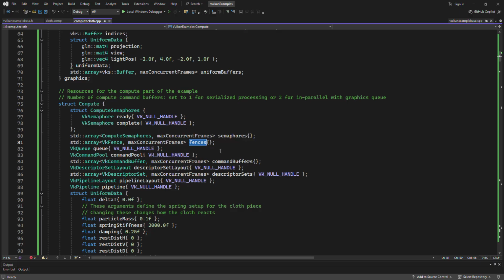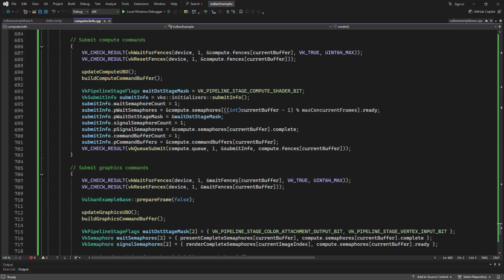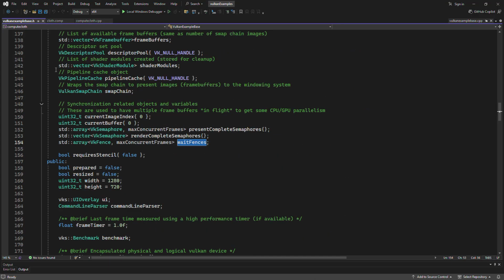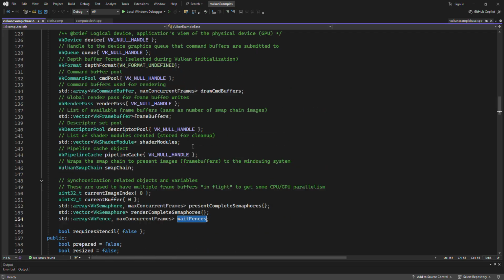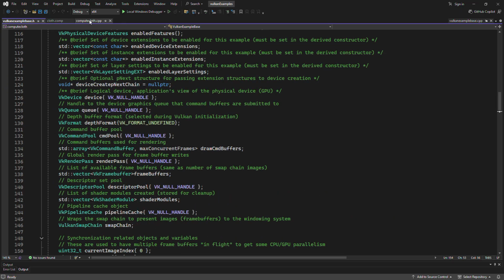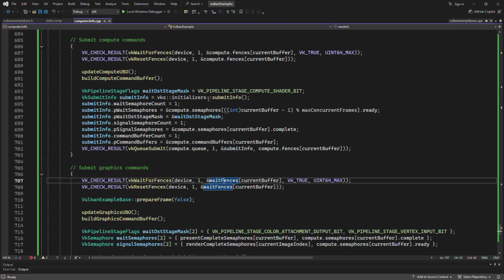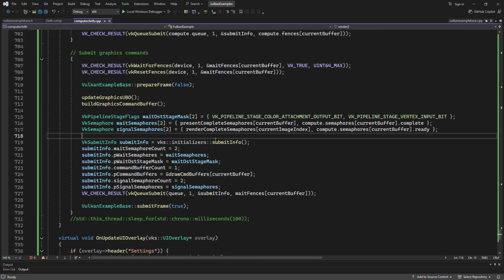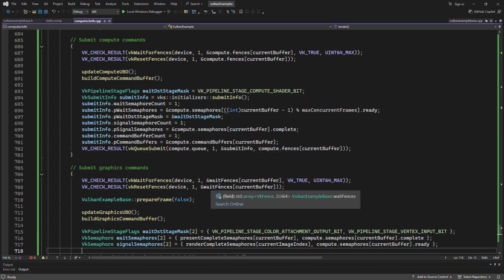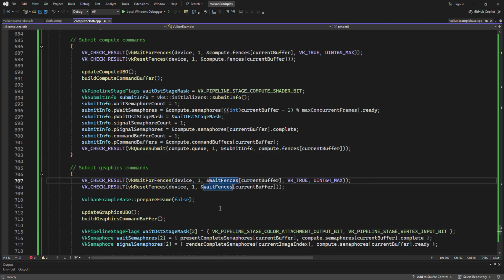But for the wait fences, it's being done in the Vulkan example base. I don't really know why this is the case. It's not really a focus of my attention right now, but just know that the variables are two separate fences for separate things.